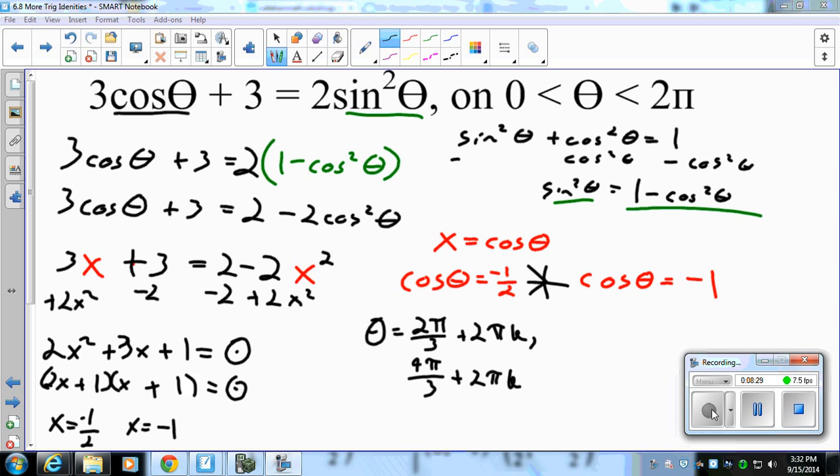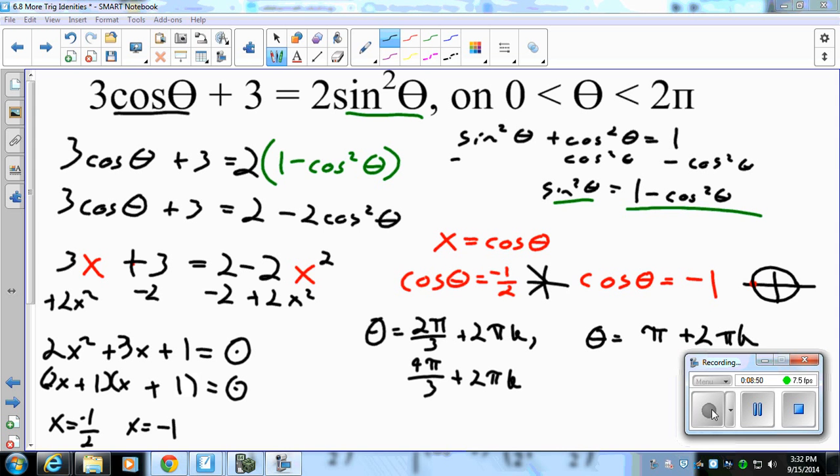My general solution for the other one: cosine is negative 1 on my unit circle at pi, so theta is equal to pi plus 2 pi k.